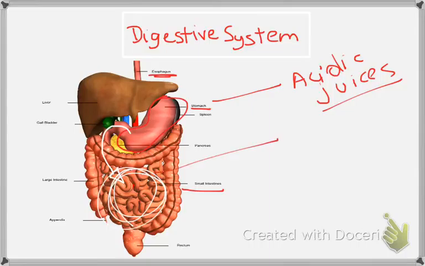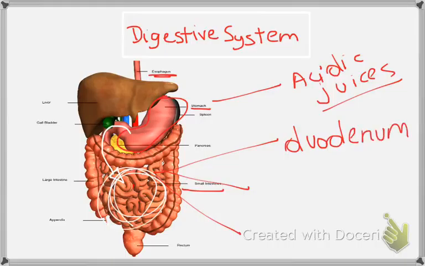To understand this, you need to know that it's broken into three parts. First, the duodenum, then the jejunum, and finally the ileum.